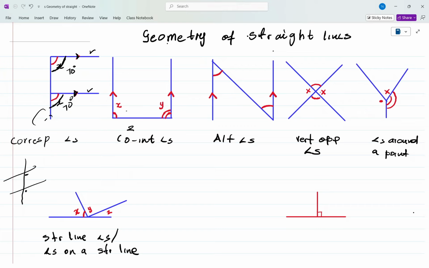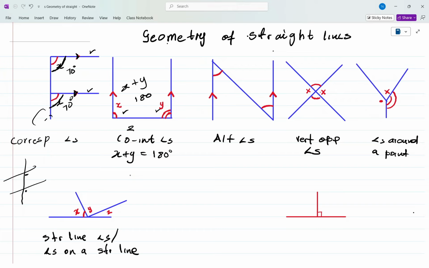Going to the next one, which is co-interior. With co-interior, we are saying it is also happening with parallel lines. However, co-interior angles are not necessarily equal. Co-interior angles, we are going to say x plus y. This angle and this angle, they are supplementary, which implies that when you add them, you must always get 180 degrees.